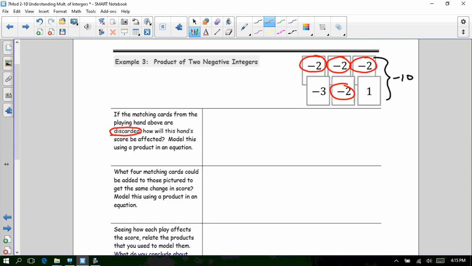I'm going to remove or discard. Discarding, how many? 4 of them, because I have circled 4 of them. And each card is worth how many points? -2 points. Discarding 4 of the -2 card.